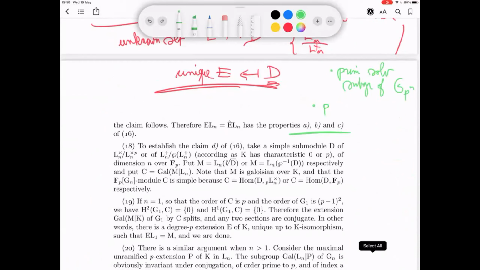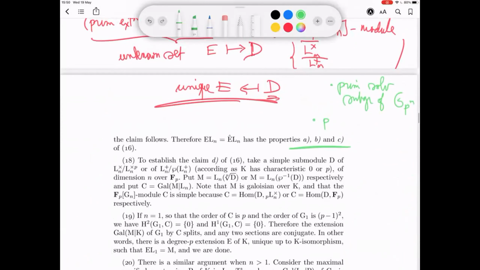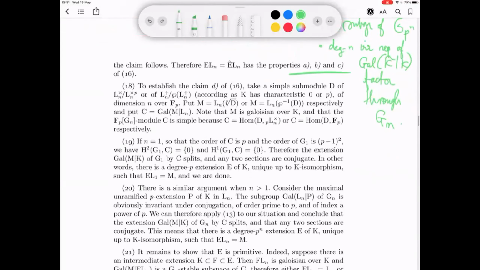And the second thing that is needed is that degree n irreducible representations of the absolute Galois group of K tilde over K factor through this Gn. So that's what is needed.